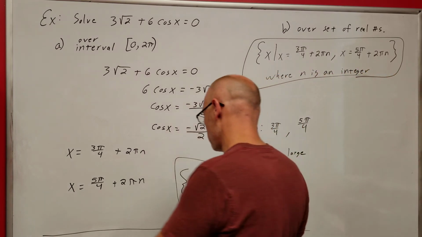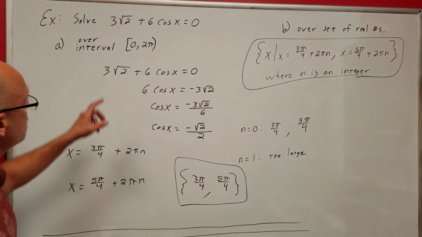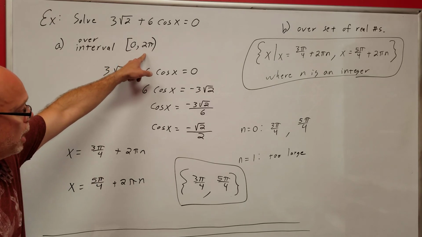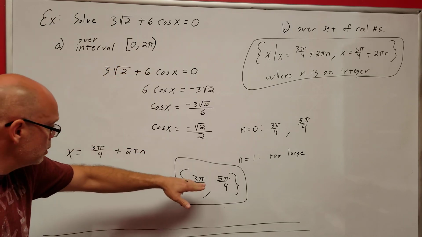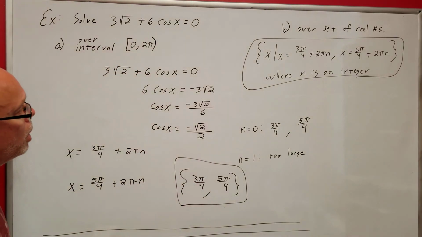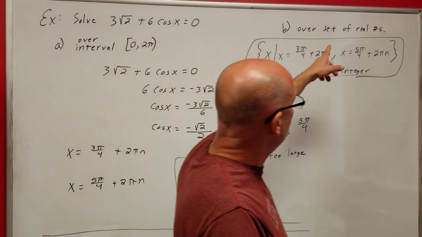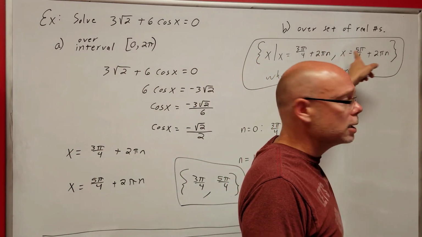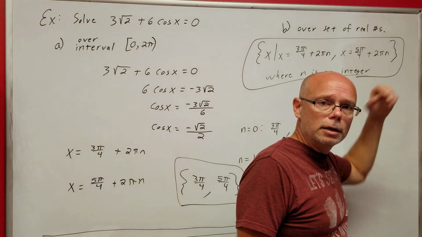All right, so what are we saying? Over the interval from 0 to 2 pi, you'll have a certain number of solutions, okay? But over the set of all real numbers, that's where this plus 2 pi n is going to come in.